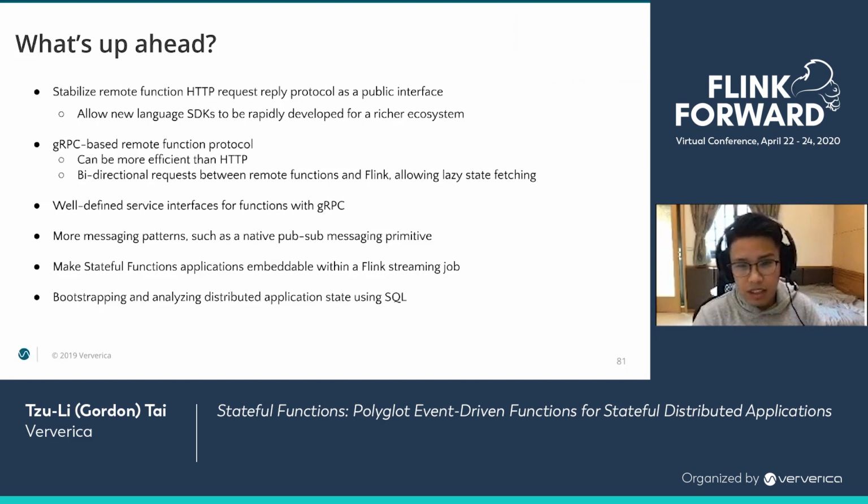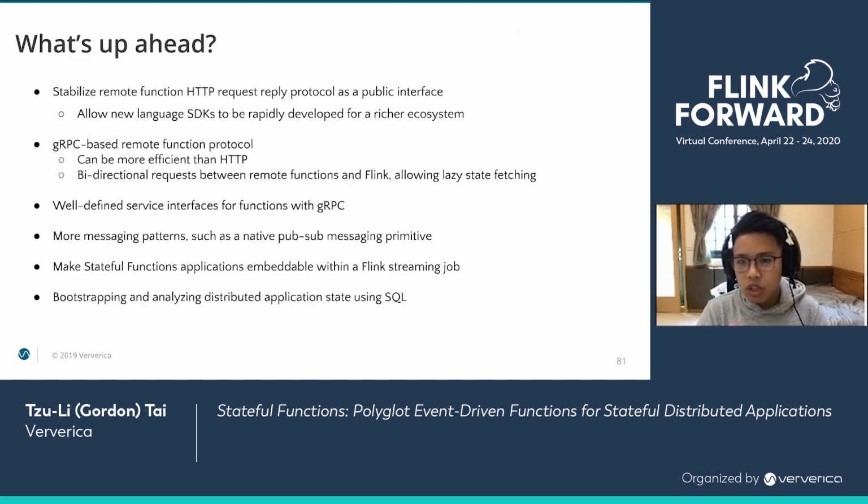Next, the second point is a gRPC-based remote function protocol. Right off the bat, even if we're re-implementing the same request-reply protocol, this would just be a more efficient transport that can provide higher throughput than HTTP. But also, RPC-based protocols will allow us to have bidirectional requests, from the Flink cluster to the remote function, and also from the remote function back to the Flink cluster.